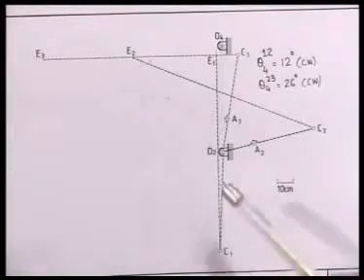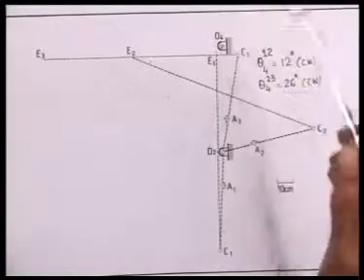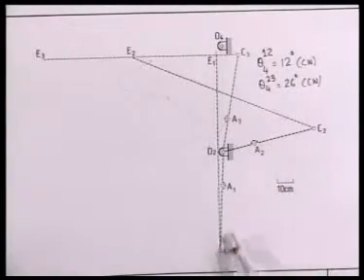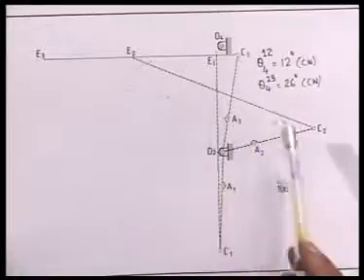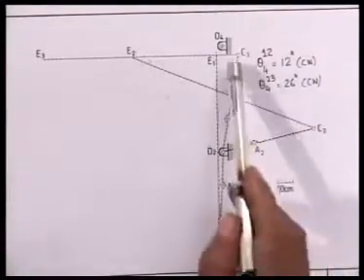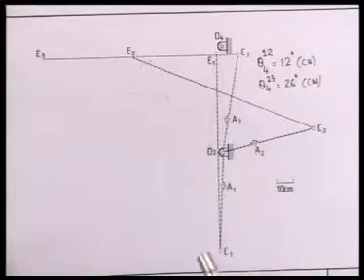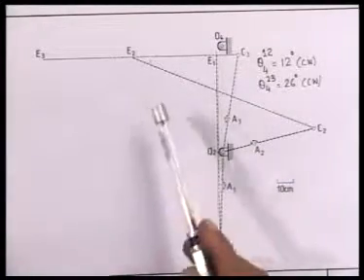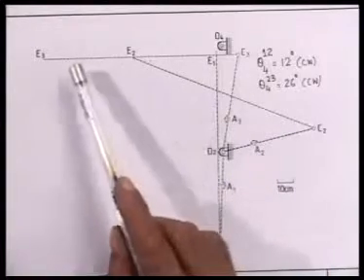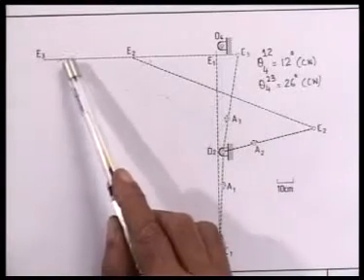As I said earlier, O2 and O4 have been chosen arbitrarily. The 3 positions of the door, C1E1 closed, C2E2 intermediate, and C3E3 open, are given. And we would like to determine the rest of the linkage corresponding to the third or open configuration.